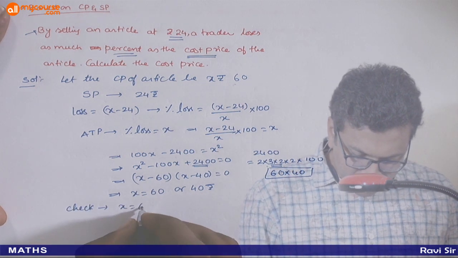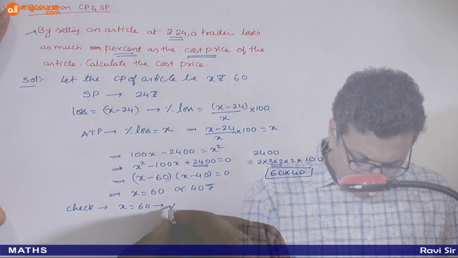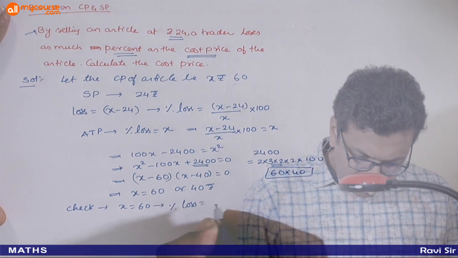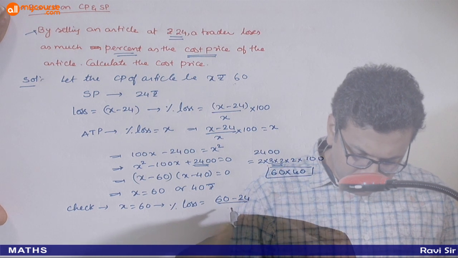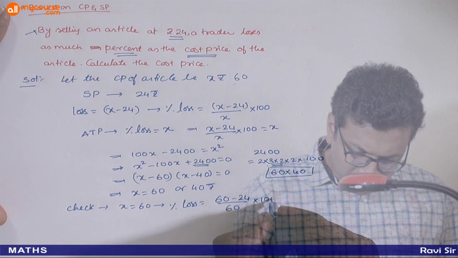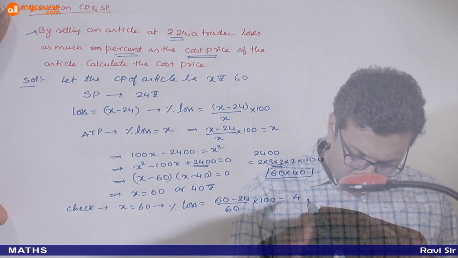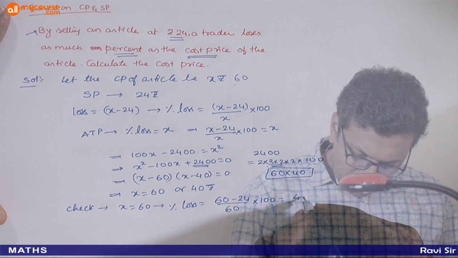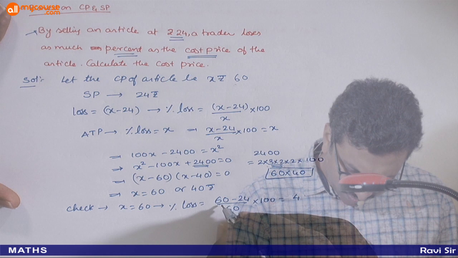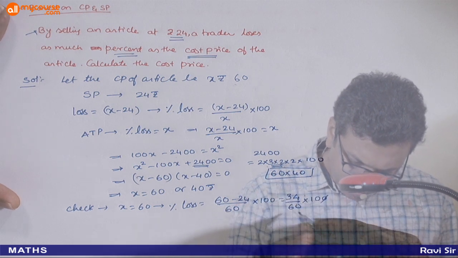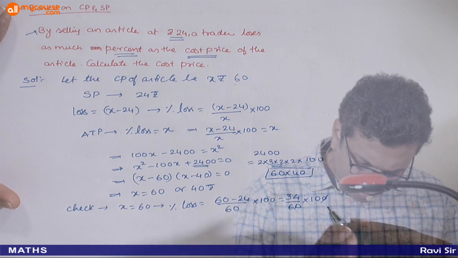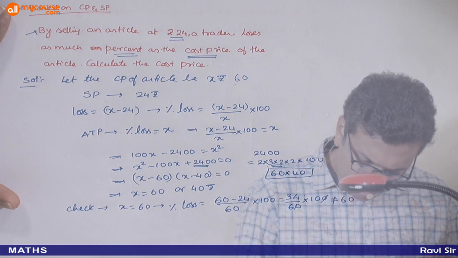If X is equal to 60, percentage loss is (60 minus 24) by 60 into 100, which is 34 by 60 into 100, which is not the same as 60. 60 नहीं आ रहे, देखिए.